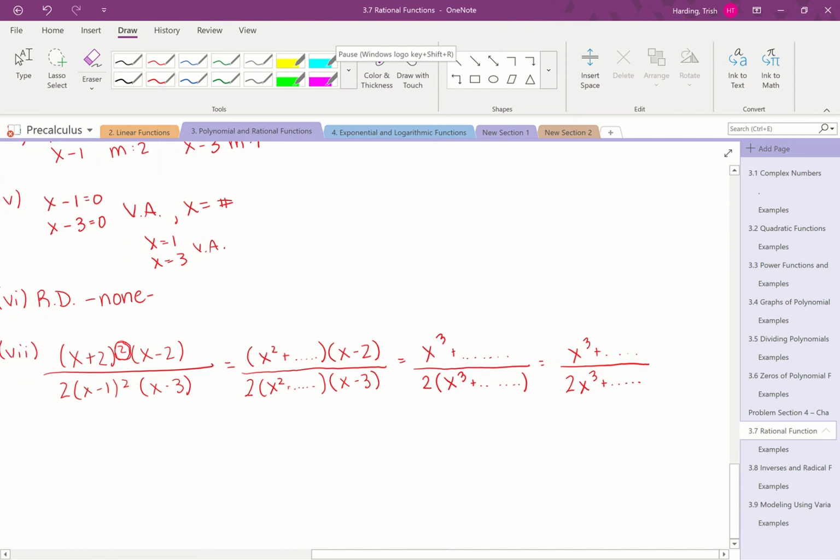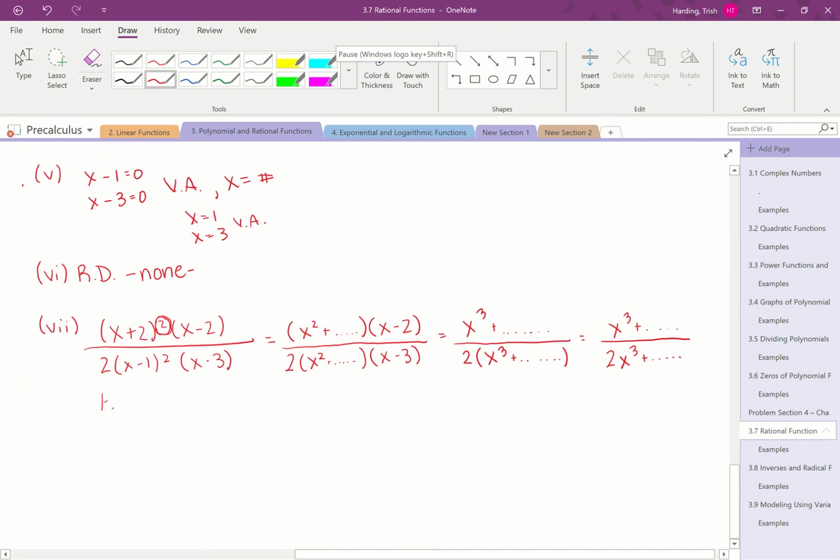This means that for our horizontal asymptote, our powers are the same, so it is just going to be the ratio of these coefficients. And remember, when you don't see one, there is actually a 1 there. So it will be 1 over 2, and therefore we will get y equals 1/2 as an asymptote.